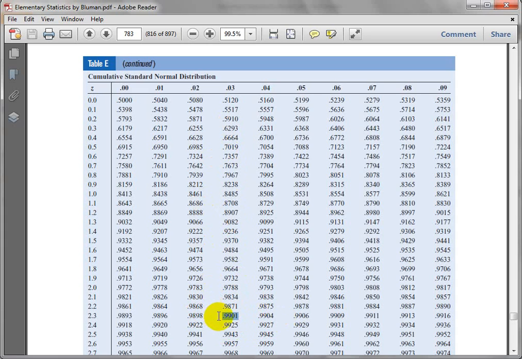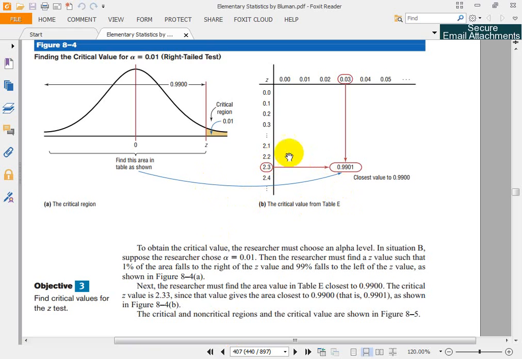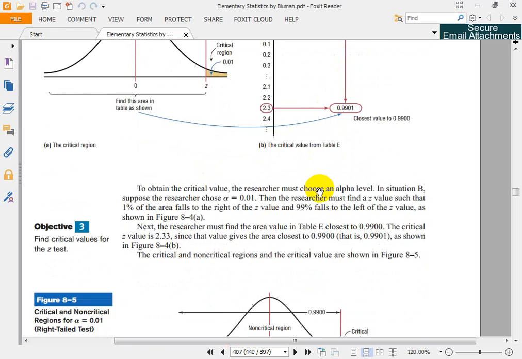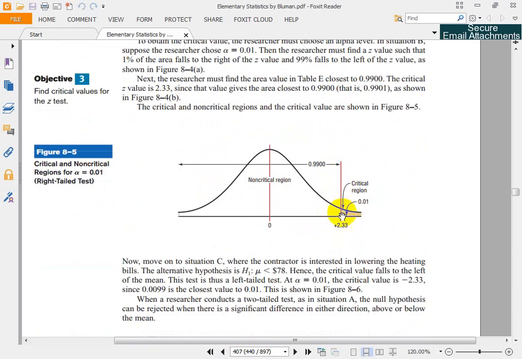So that's why 0.9898 is the nearest one, and it is 2.33. So 2.33 is the critical value. So let me come to the other PDF, and the value I'm searching for in this way, my critical value has become 2.33. So that is the right tailed.